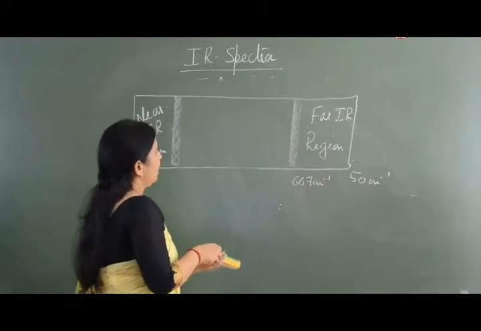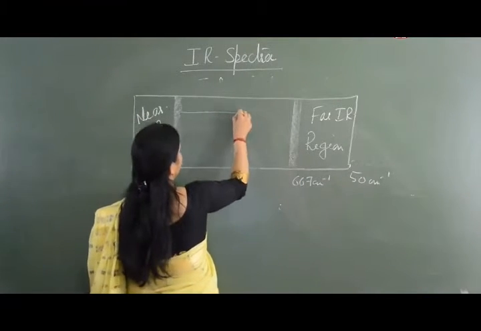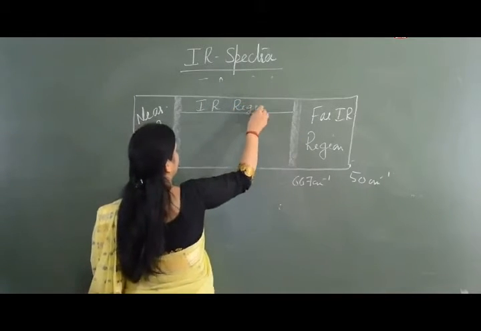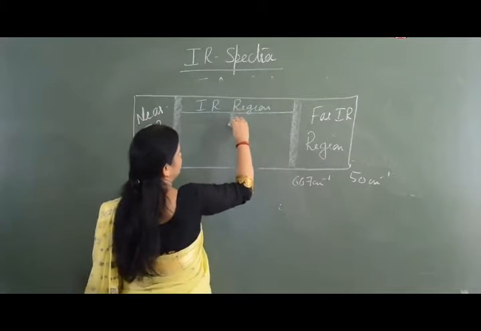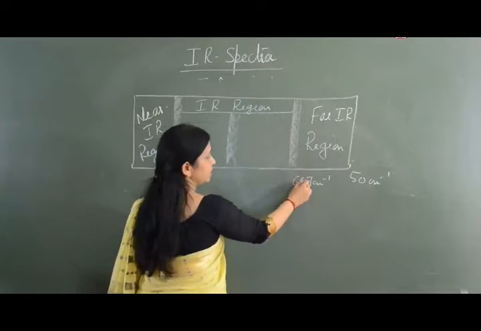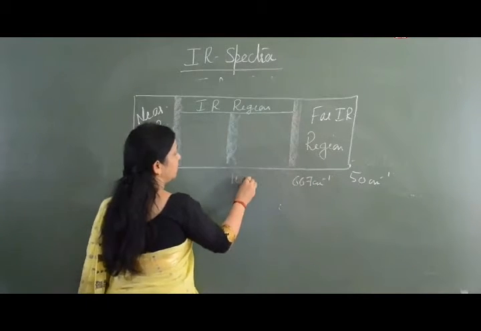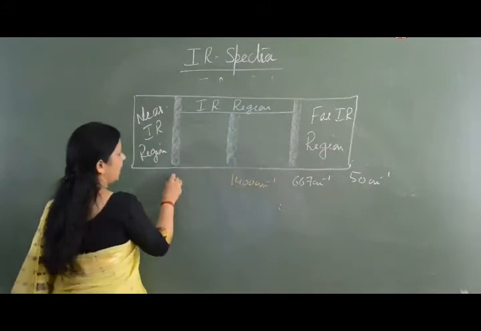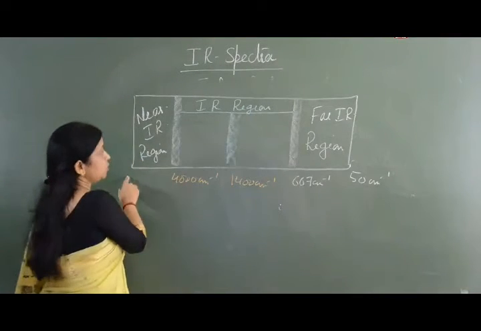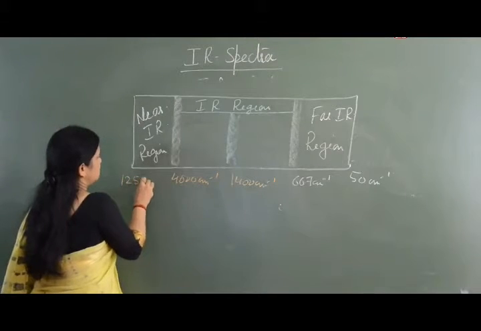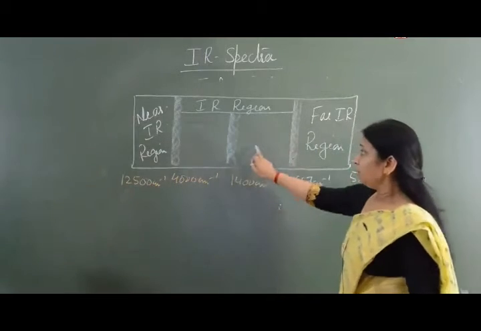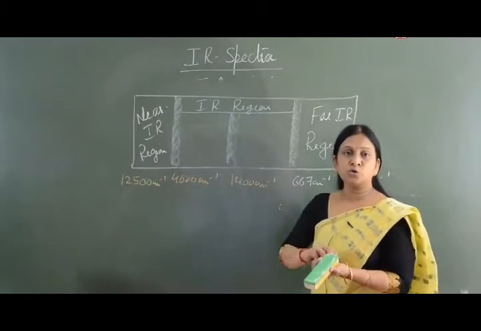Then this is the main IR region. It is divided into two parts, and the range is from 667 to 1400 centimeter inverse, and then to 4000 centimeter inverse. The last range of this is 12,500. So this is the division. The main IR region is divided into two parts.